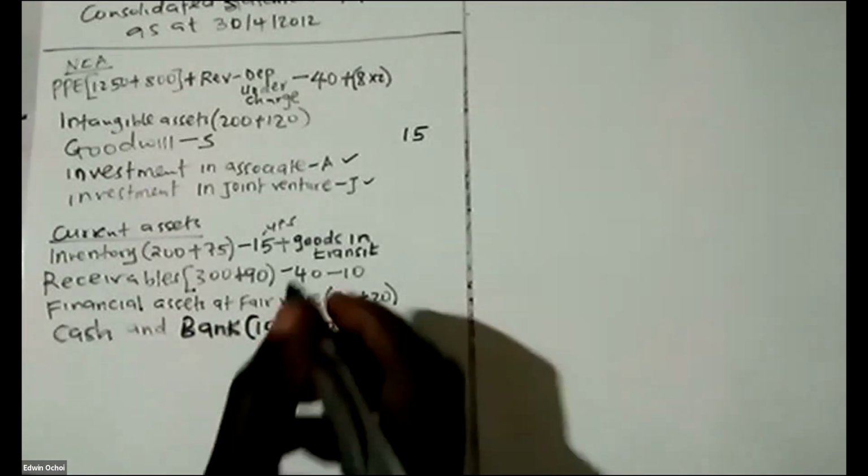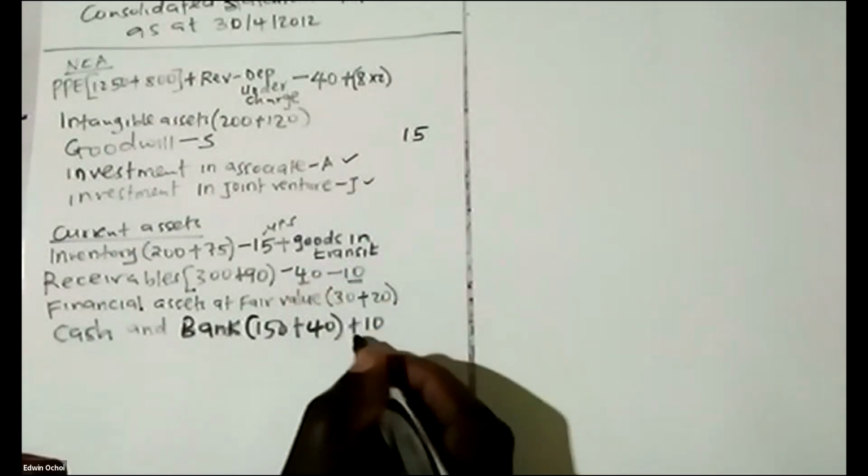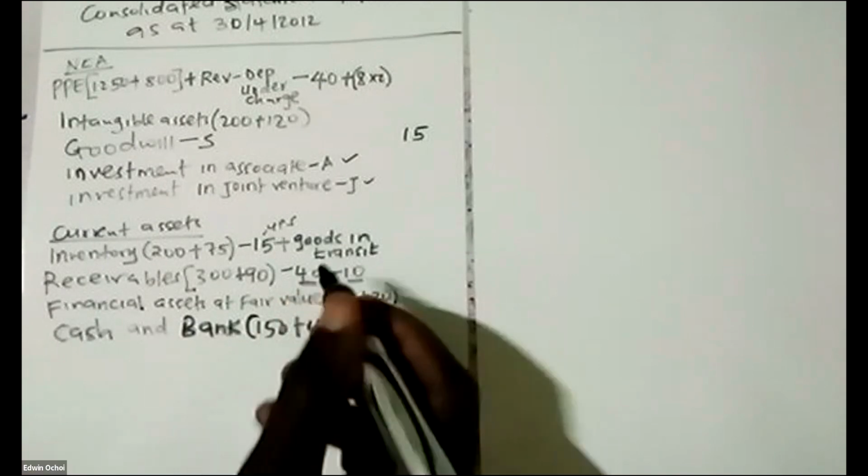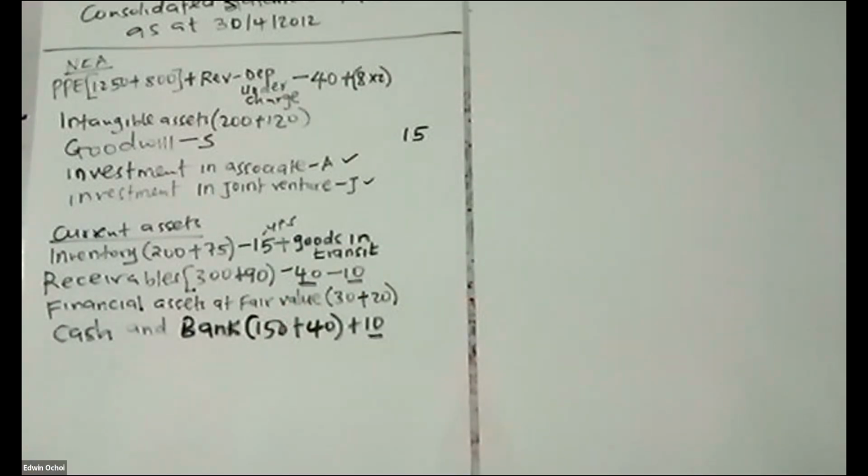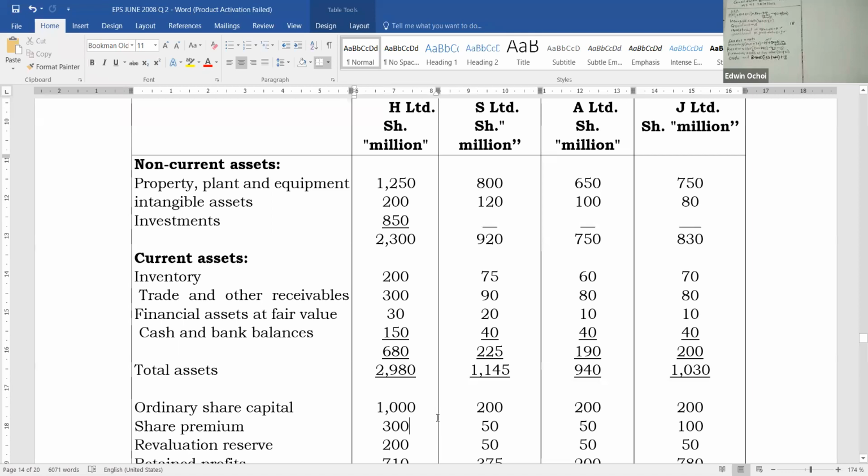So where is this 40, 10, and this 10? 40 was the one amount which was outstanding. Remember that the 40 and 10 I have subtracted there is the amount which was outstanding between the parent and the subsidiaries. And it was never paid by the end of the year.